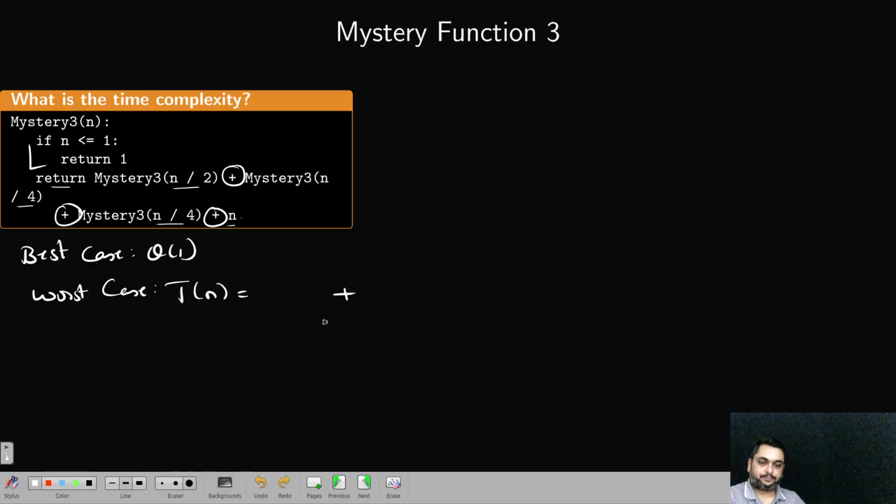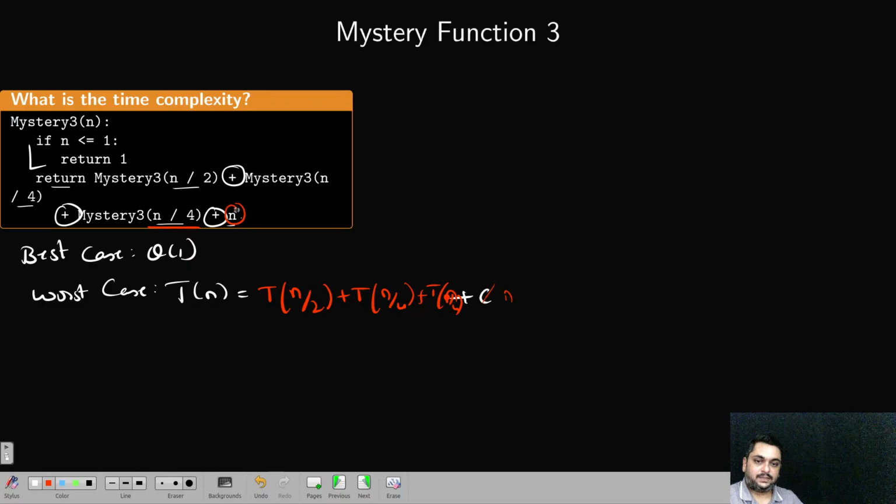Now here, if you see the recursive calls, it is doing T of n by 2 plus T of n by 4 plus T of n by 4. Most of you get confused about plus n. Don't write plus n here.